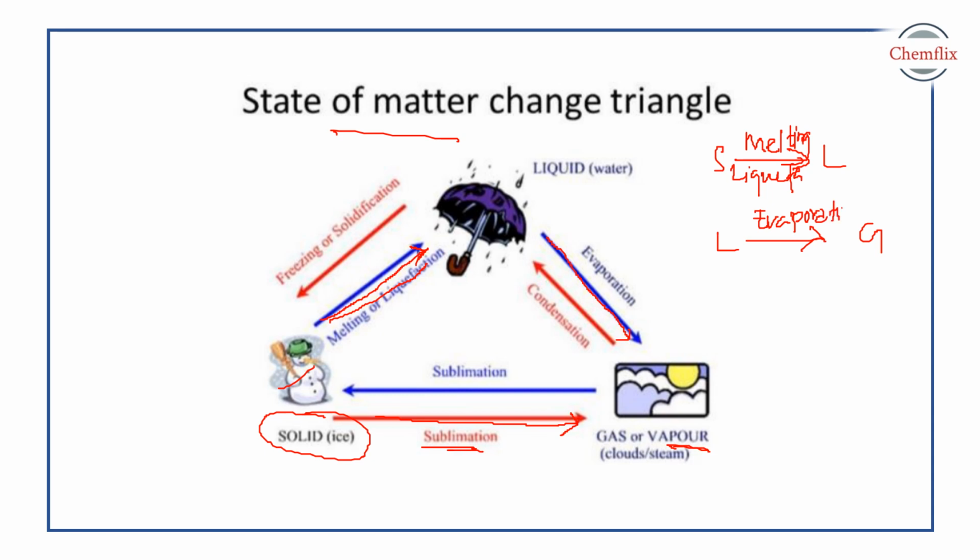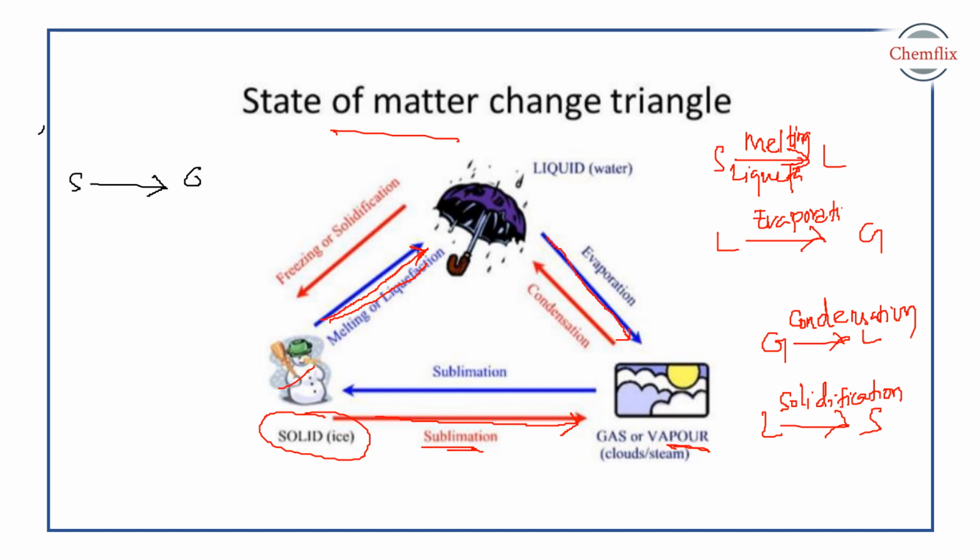Gas can be converted to liquid by condensation, and liquid can be converted to solid by solidification or freezing. Water freezes to form ice. Solid can be directly converted to gas through the process of sublimation. I hope you understood.